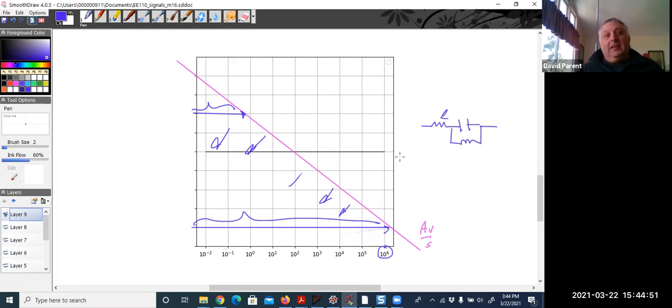So the measurement is true, but it doesn't look like the theory. All right. And so that's why we use the frequencies that we use.